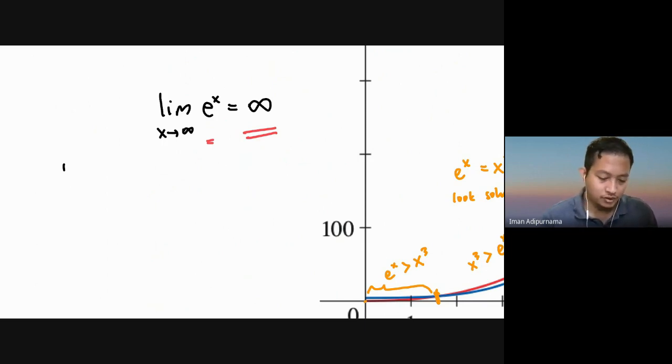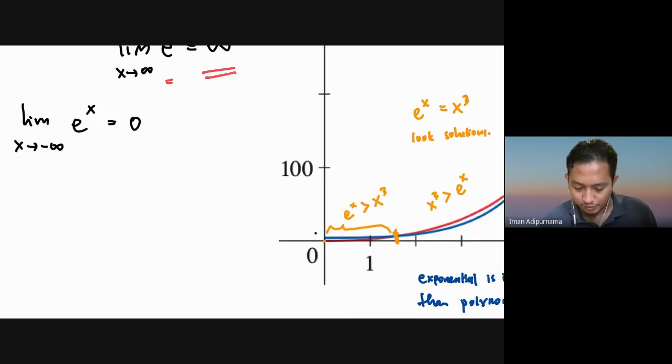And remember also, when x approaches negative infinity, e to the x will be 0, because it's going to be here. So x approaching negative infinity, it's getting to 0 here.